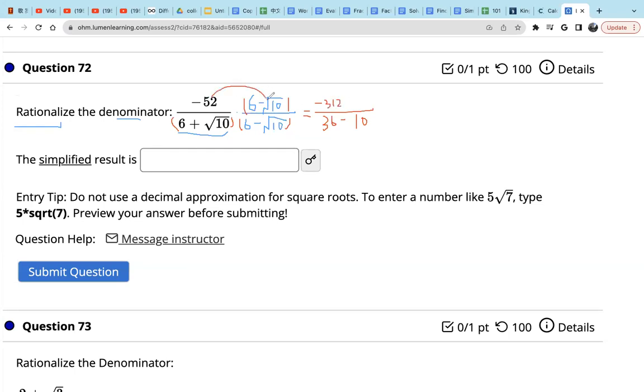Negative times negative becomes plus. So the second term is positive. Plus 52 radical 10. Then the denominator is 36 minus 10, that's 26. And that's it. So our answer is -312 plus 52 radical 10 divided by 26.